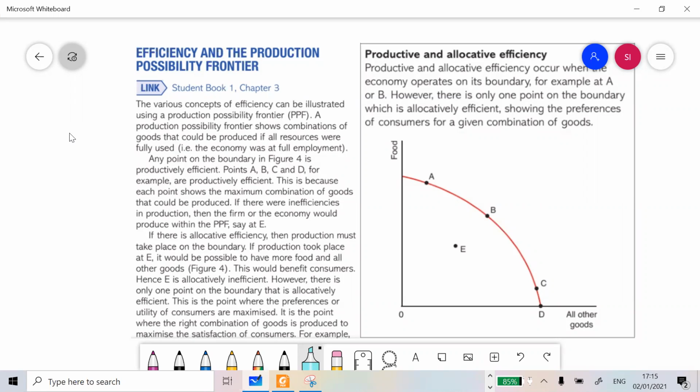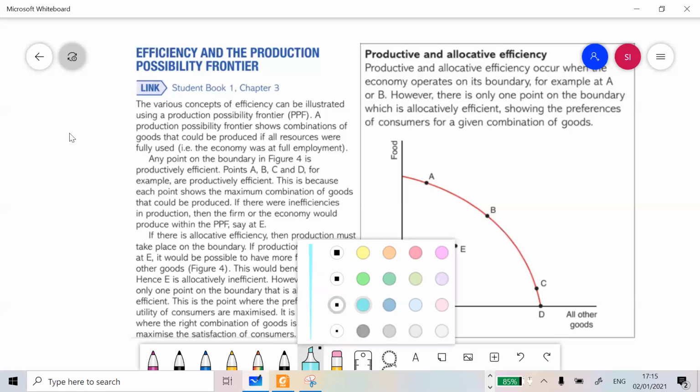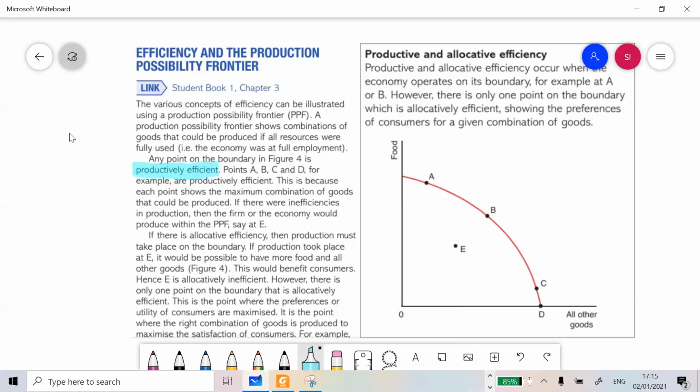In this example, you can see they have given a combination of products such as food and all other goods. Any point on the boundary in figure 4 is productively efficient. If we take productively efficient points, we can see A, B, and C. All of them are productively efficient. Points A, B, C, and D, for example, are productively efficient.